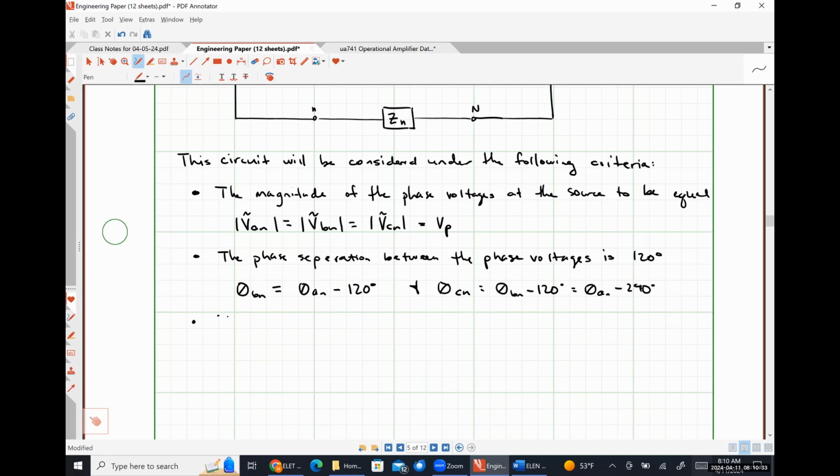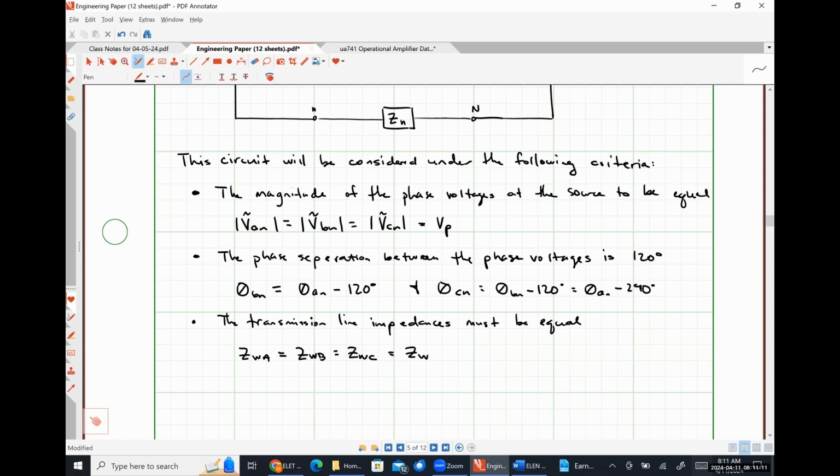So our transmission line impedances must be equal. So this means that the impedance I have labeled as ZWA must be the same as ZWB, must be the same as ZWC, and we'll just call these in a little bit a single impedance ZW.